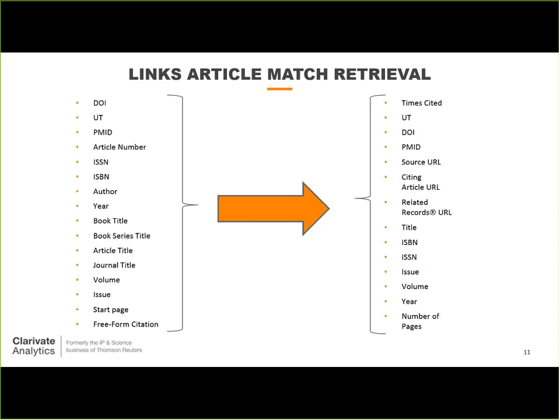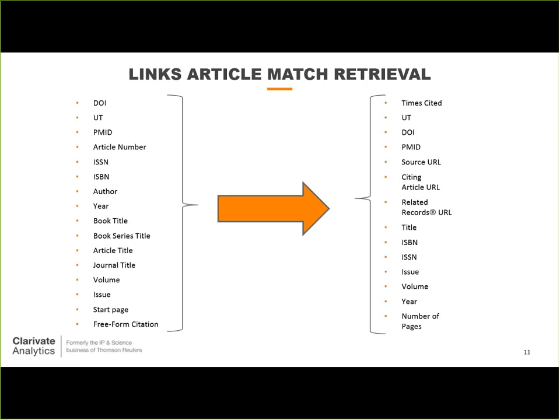So what can you call the Links AMR with, and what will it return? You can look up DOIs, UTs, PMIDs, the article number, ISSN or ISBN, author, year, etc. All this information that you have on the left side, well, a combination of these, of course. If you only start with year alone, of course, it will be hard to get some proper identification. And you will get times cited.